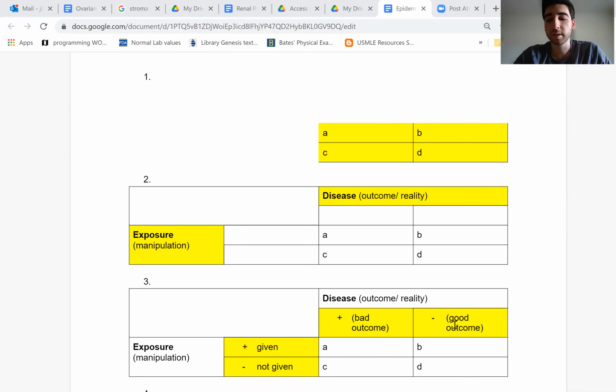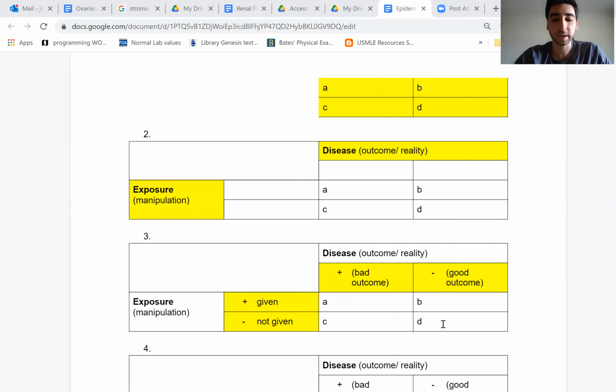And minus for disease is a good outcome. The reason I emphasize this is because sometimes they'll give you the number of years survived or an outcome that is not automatically good or bad, and in your mind, you have to make it good or bad. But the good outcome is with the minus sign and the bad outcome is the plus sign. So just be conscious of that.